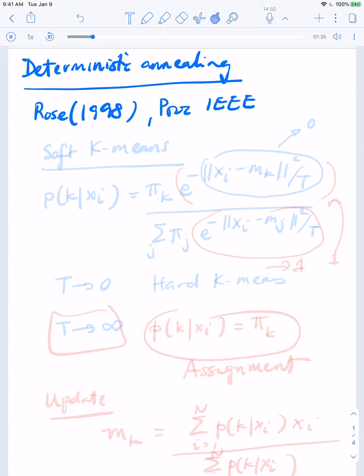So let's start with the soft k-means assignment that we had considered.